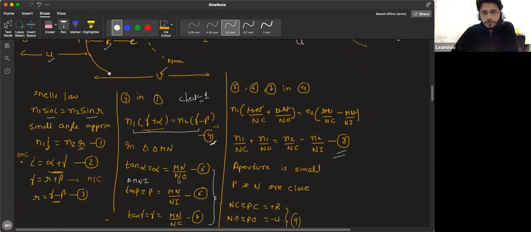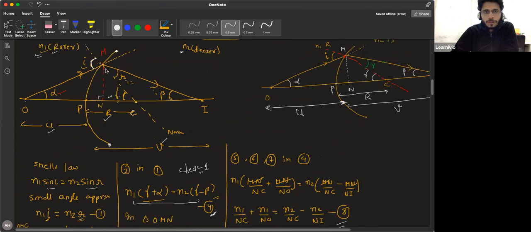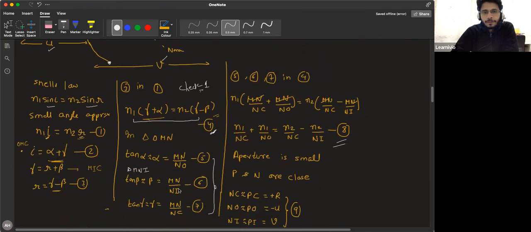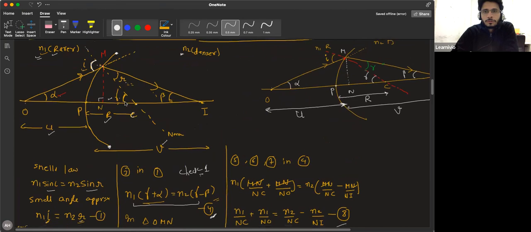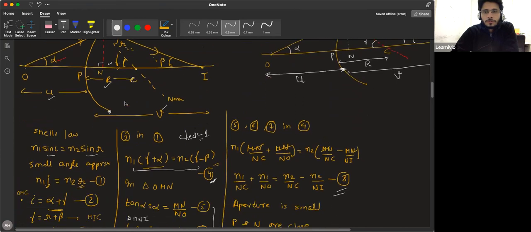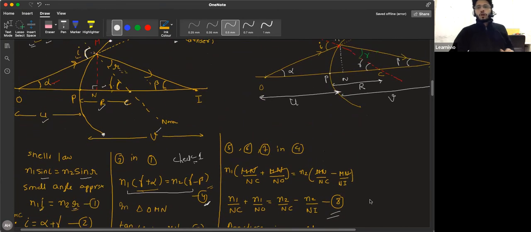Fine. Similarly, look at this triangle IMN. What is tan beta in this triangle? Sir, MN by NI. Fine. The same way. Look at triangle MNC. What is tan gamma? Sir, MN by NC. So you all have written up to this equation number 8? Yes, sir.